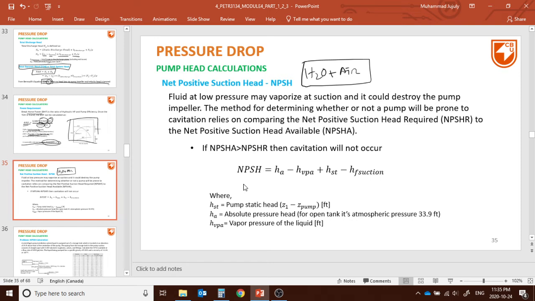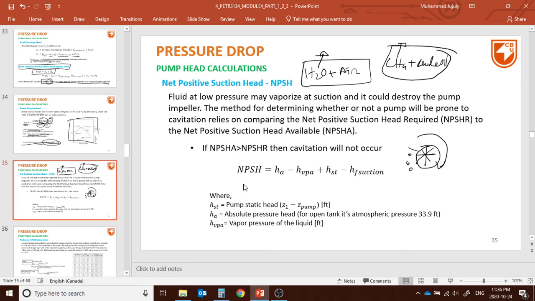In crude oil, we have methane dissolved. At a certain vapor pressure, water can release the air bubbles, or crude oil can release the methane, and the impeller of a centrifugal pump rotates very fast, right? These bubbles can hit the impeller and destroy the whole pump.